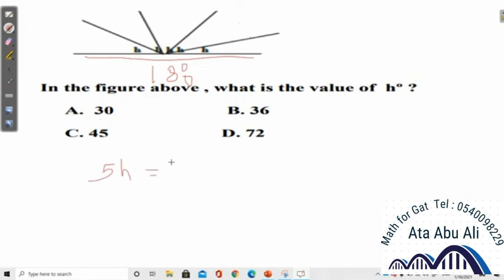To 180. Now, if I divide both sides by 5, 5 divided by 5 is 1, so H is equal to 180 divided by 5, which is 36. So the answer is 36. This is the value of H.